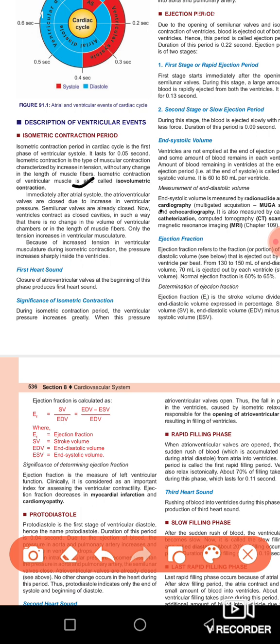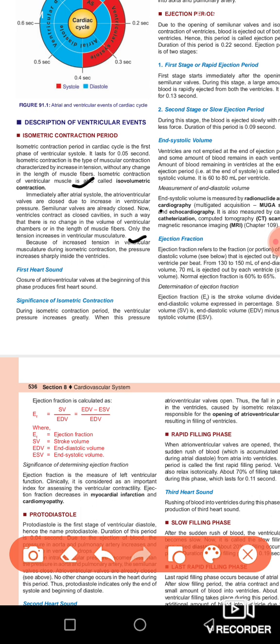The semilunar valves are always closed at this point, so due to ventricular contraction it is a closed cavity in such a way that there is no change in the volume of the ventricular chamber or in the length of the muscle. Only the tension increases, so the ventricular muscle tension and the pressure increase sharply inside the ventricles.